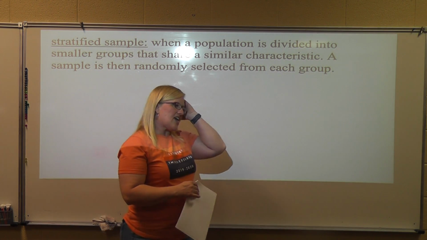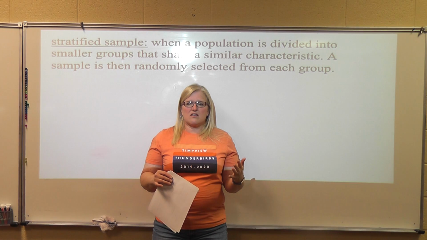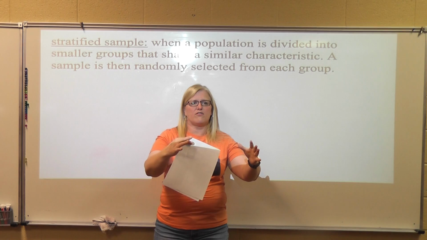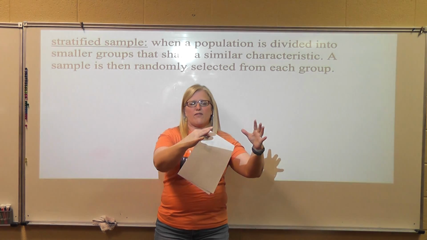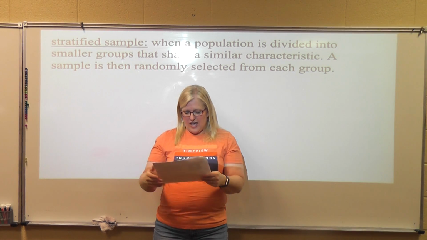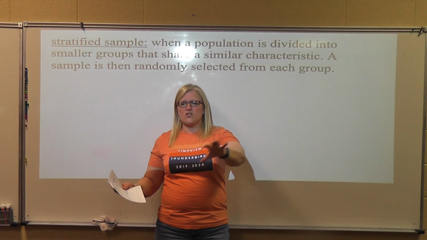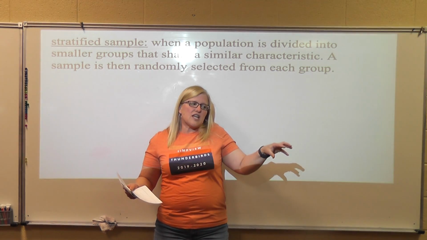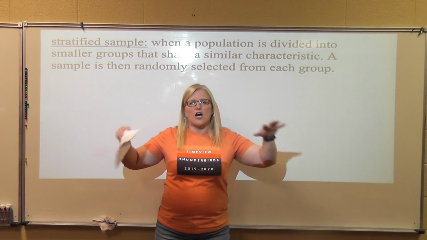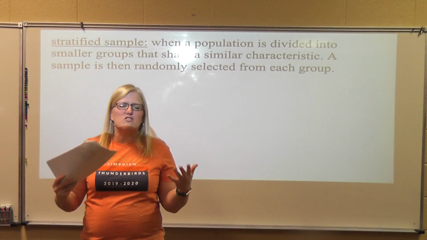So let's say at Timpview we have a group of football players, the choir, the automotive people, and kids that take AP classes. We take 5 from this group, 5 from that group, and 5 from that group. So we get a good mix of demographics and interests.